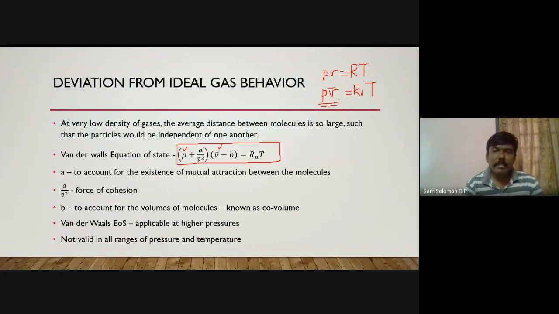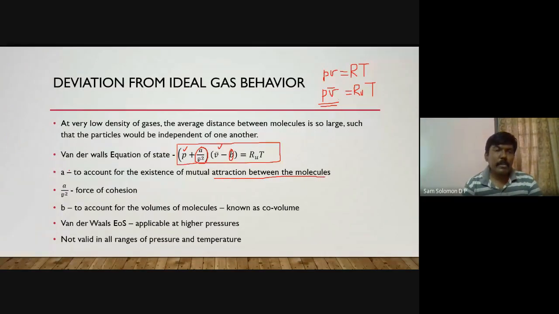But there is an additional term, a by v squared, and there is an additional term b. These two, a and b, are constants, and they are introduced as a correction factor for the deviation from ideal gas behavior. The a by v bar squared term is introduced to compensate for the attraction or repulsion between the molecules.